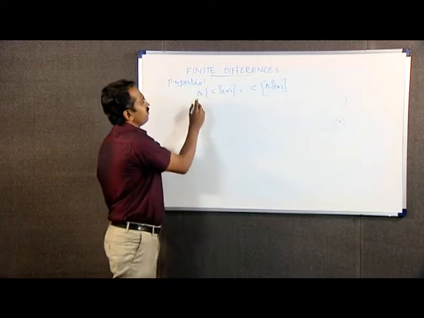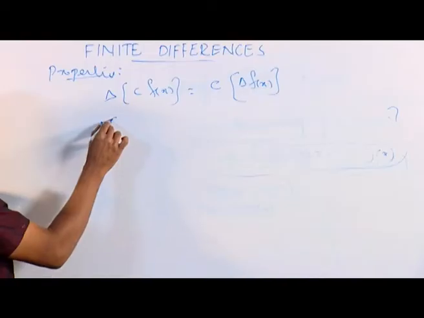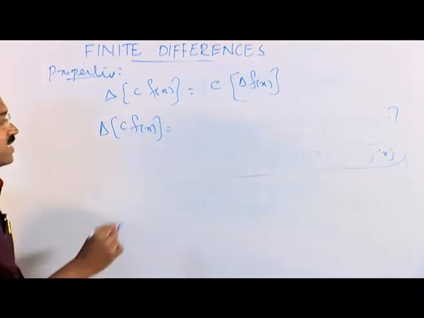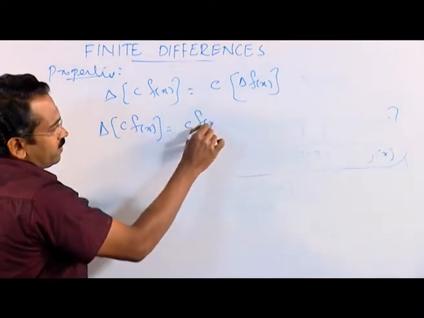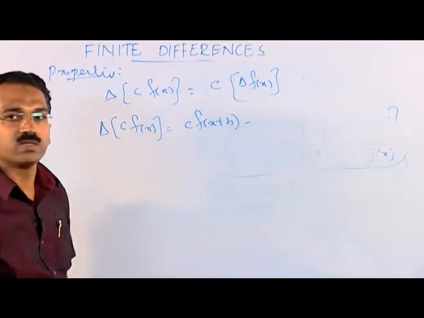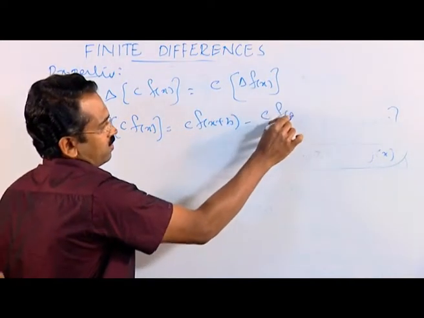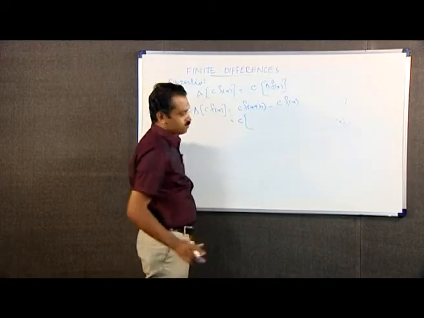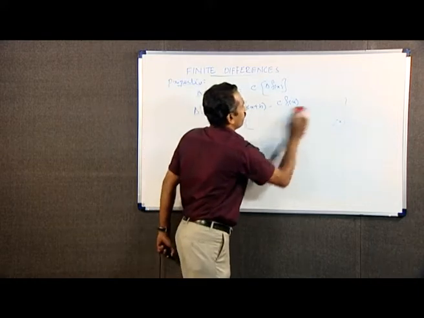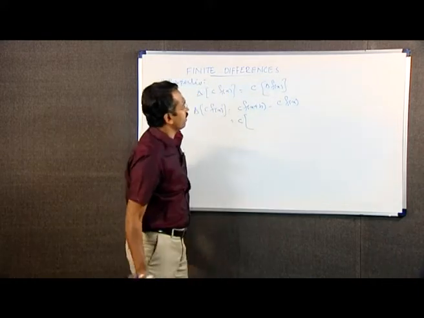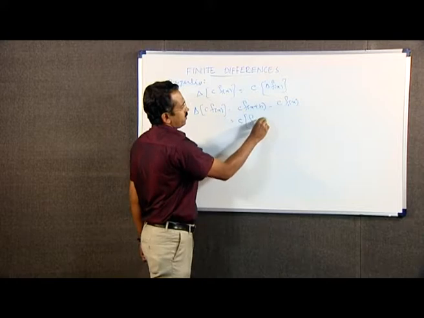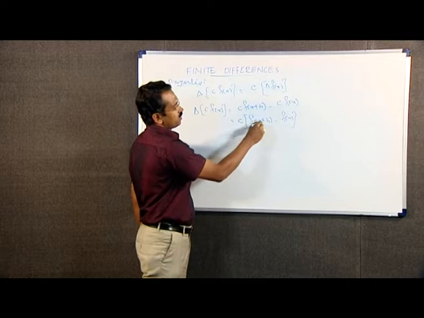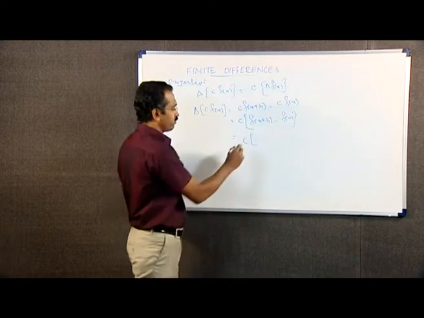By definition, we can write the LHS, delta of c f of x, as c f of x plus h minus c f of x, that is equal to, c can be taken outside, c into f of x plus h minus f of x, that is equal to c into, this is by definition, delta f of x.